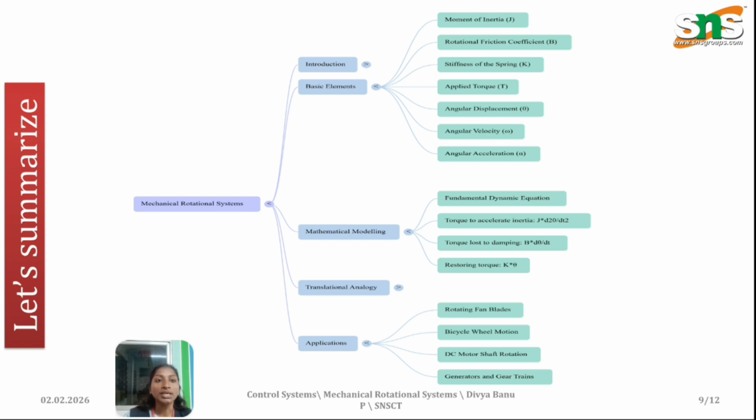Coming to the modeling, it works on Newton's second law of motion, which gives the fundamental dynamic equation, with torque J d square theta by dt square for acceleration, damping B d theta by dt for velocity, and spring K theta. Applications include DC motors, generators, flywheels, rotating fan blades and bicycle wheel motion.